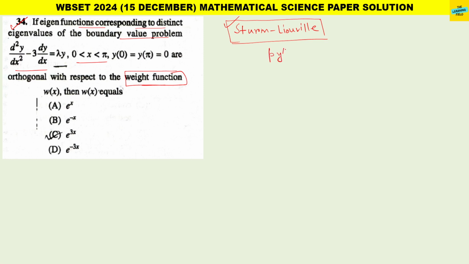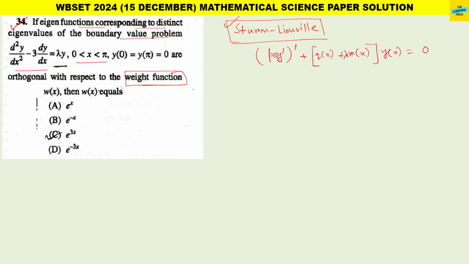(p y')' plus, where p is a function of x, q(x) plus r(x) lambda times y(x) equals 0.